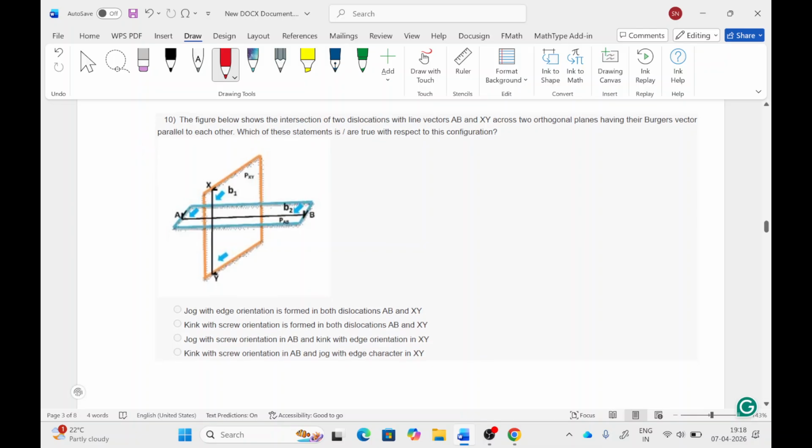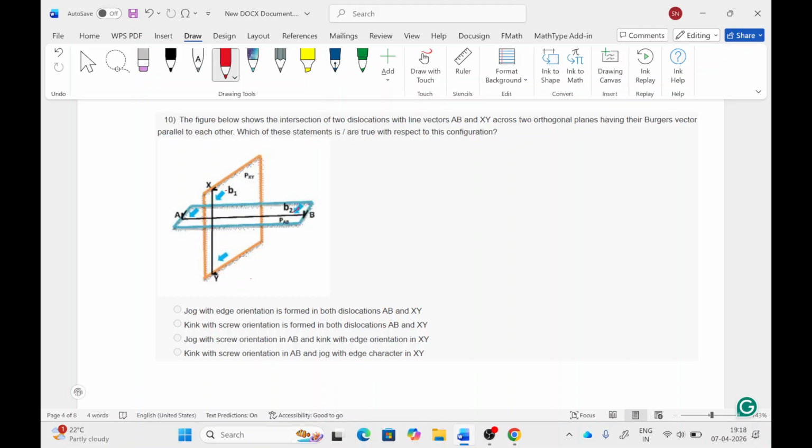The 10th question says the figure below shows the intersection of two dislocations with line vectors AB and XY across two orthogonal planes, having their Burgers vectors parallel to each other. Which of these statements are true with respect to this configuration? So in this case, we are seeing two edge dislocations. This is B1 and this is B2. So B1, B2 are in the same direction and both are edge dislocations.